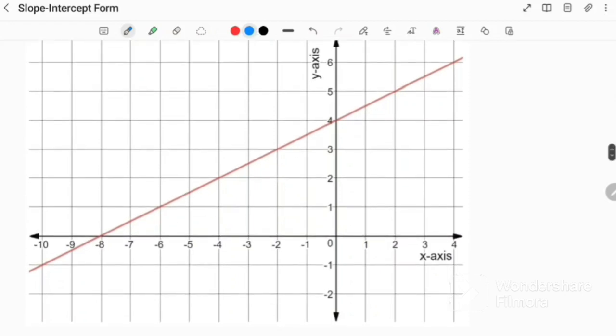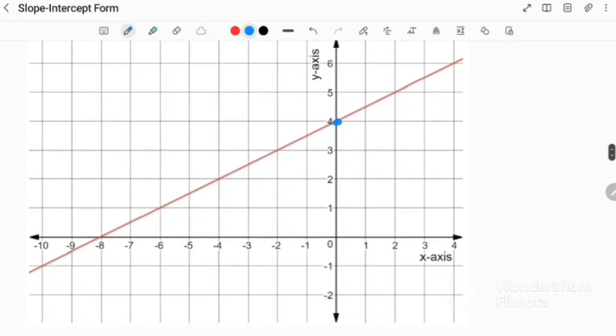So for our graph here, I'm going to pick this point right here, which is x is 0, y is 4, so the point is (0, 4), and I'm going to pick another point right here, which is x is negative 4, and y is 2. So we have 2 points, and now once you have 2 points, you can solve for the line.